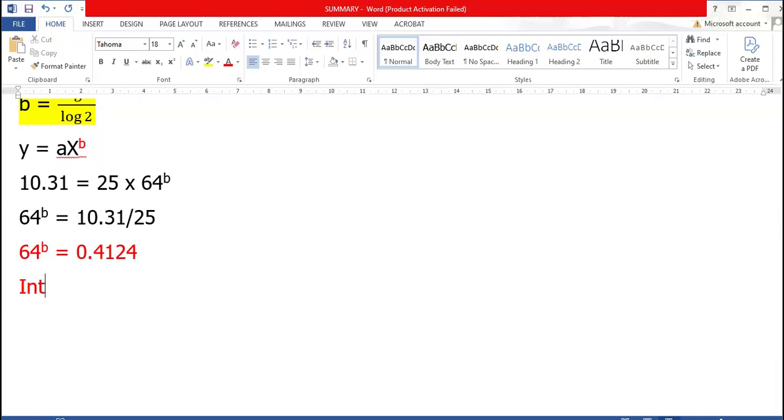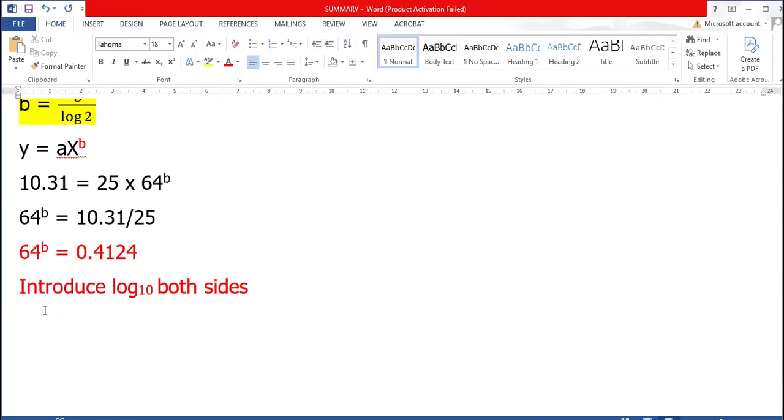Introduce log base 10 both sides. Now, to those who dodge the math, introduce log to base 10 both sides.